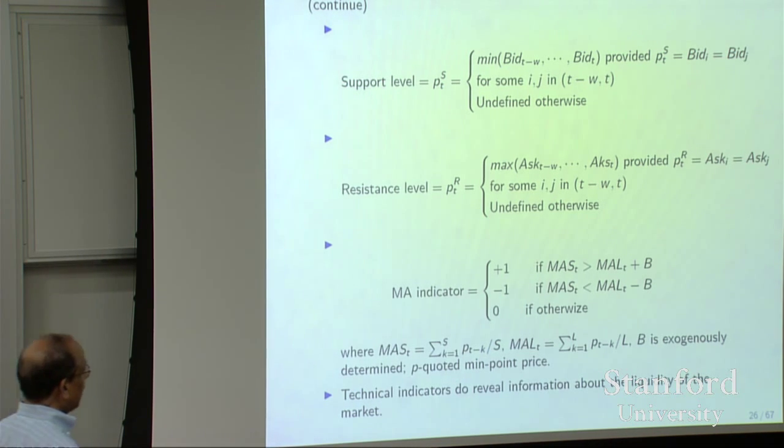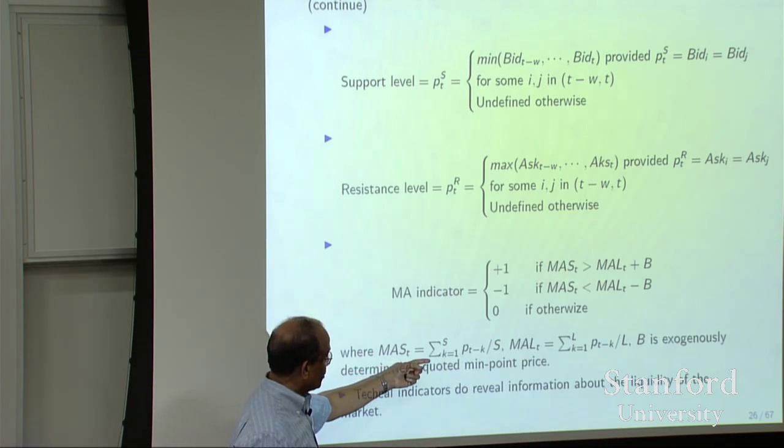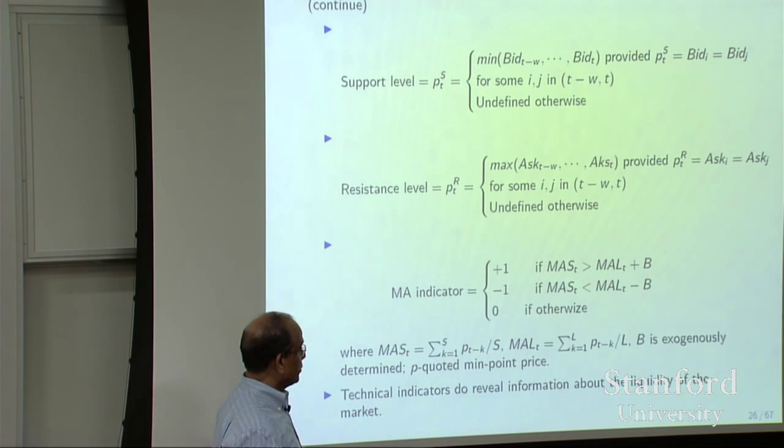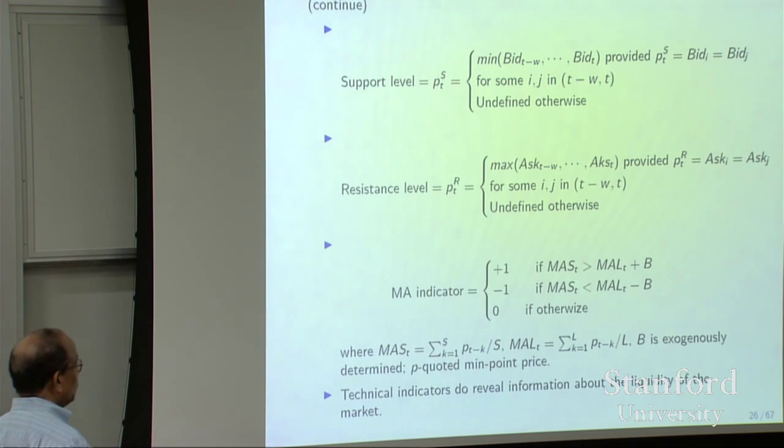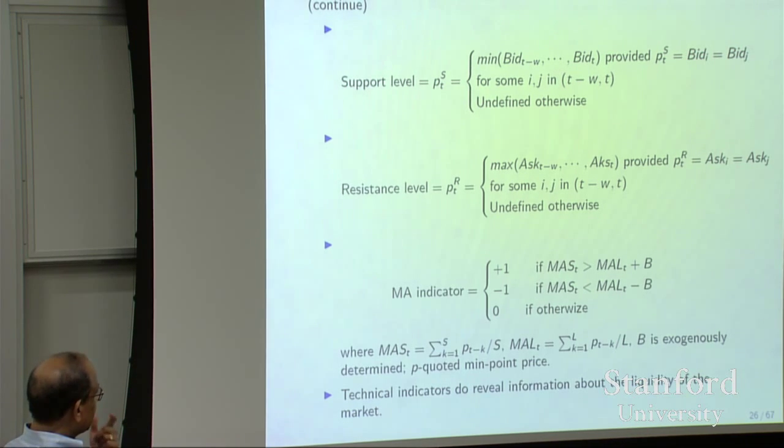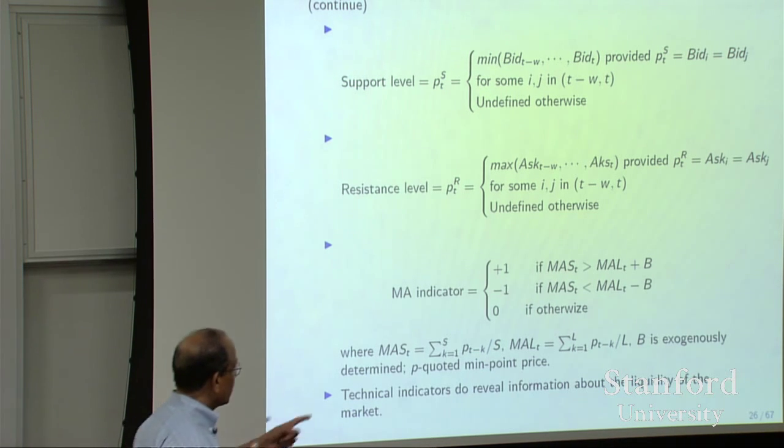The moving average of the support level is given by this quantity here, and the moving average of the lower limit is given by the second quantity here. B is supposed to be exogenously decided. P is the quoted midpoint price.